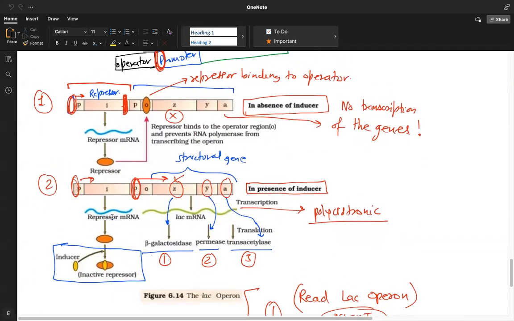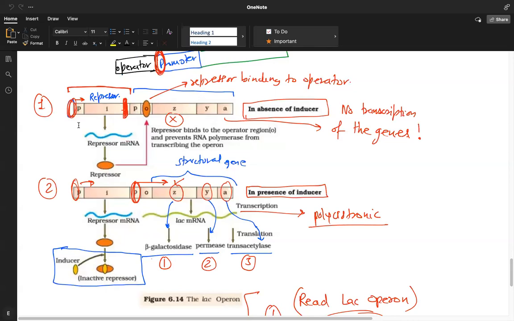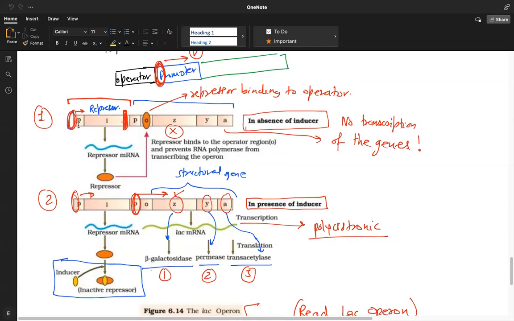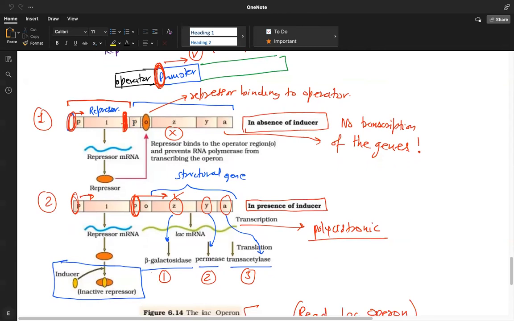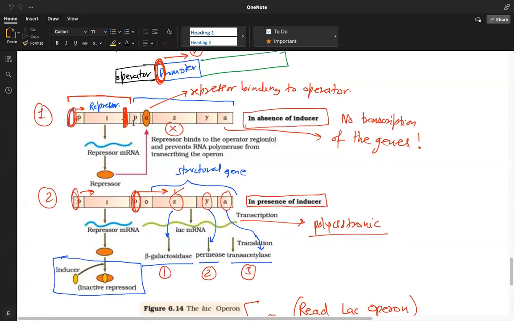Okay, we took an example of the lac operon, which is basically a cluster of genes under a common promoter. So these three genes, Z, Y, and A, that you can see here, are under this one particular promoter. And in the operon system, there is one more component apart from the promoter, the genes and the terminator, that is the operator.